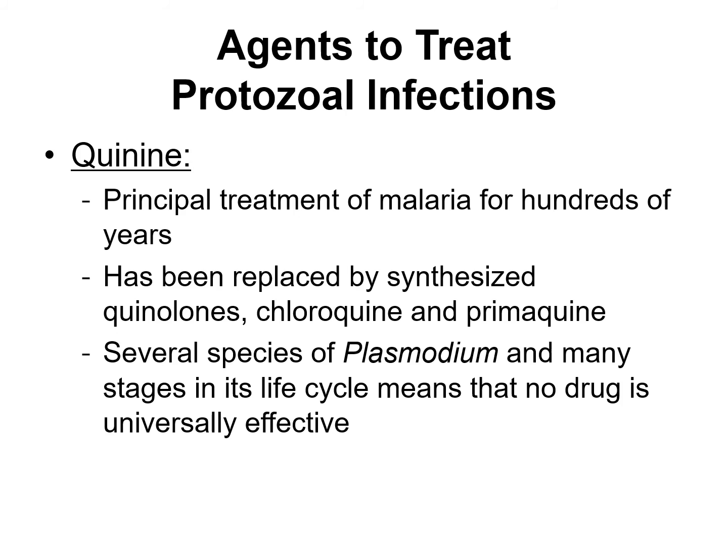So several species of Plasmodium, which are protozoals, and many stages in its life cycle means that no drug is universally effective. So remember that protozoals have different stages that they go through. Their cyst form, their trophozoite form. And so when it's in one form, a medication may be able to fight against it, but not while it's in the other.